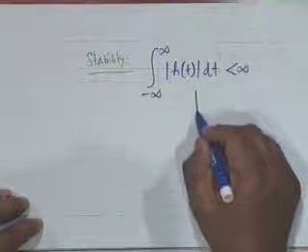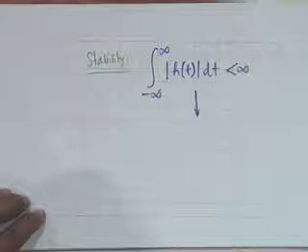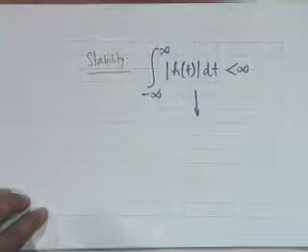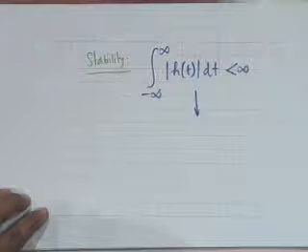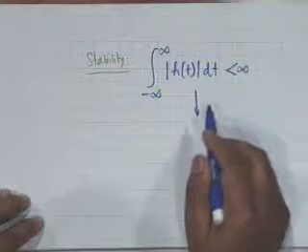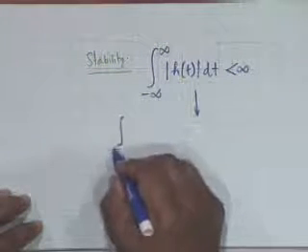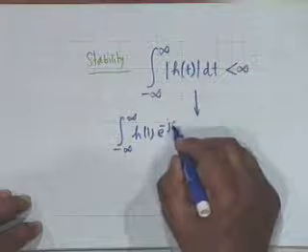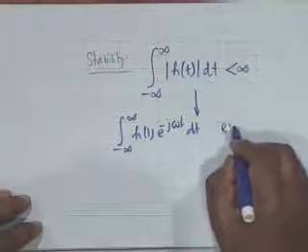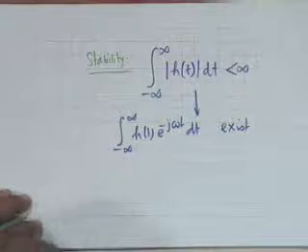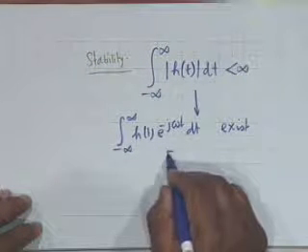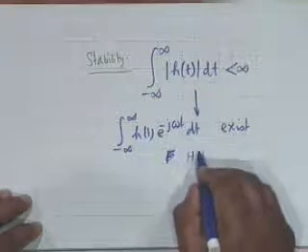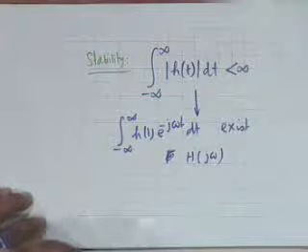You also know that this is a sufficient condition for the existence of the Fourier transform. If this is true, then the Fourier transform shall exist. What is the Fourier transform after all? The integral from minus infinity to infinity of h of t e to the minus j omega t dt must exist. So capital H of j omega exists.